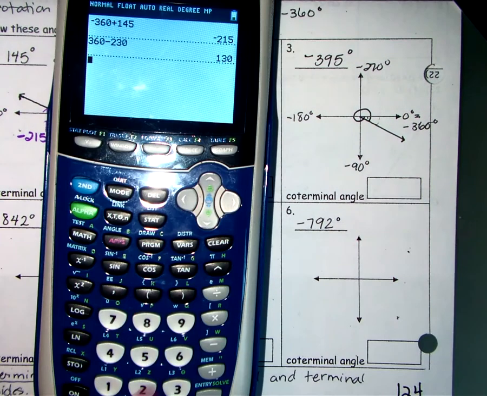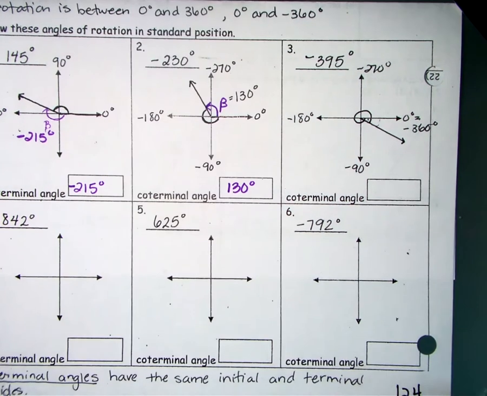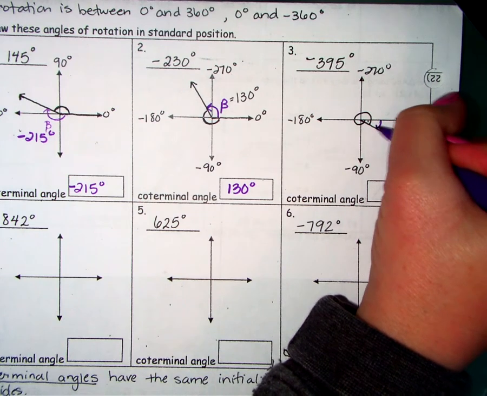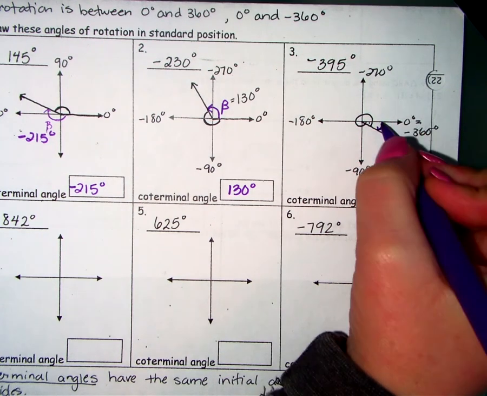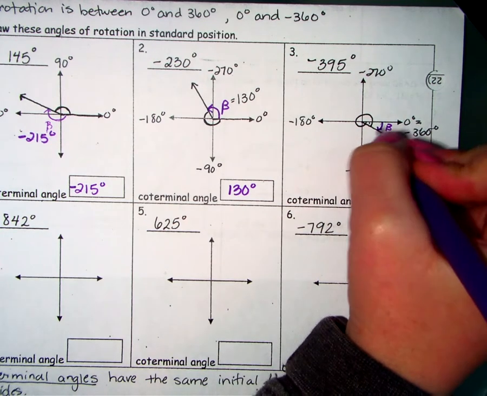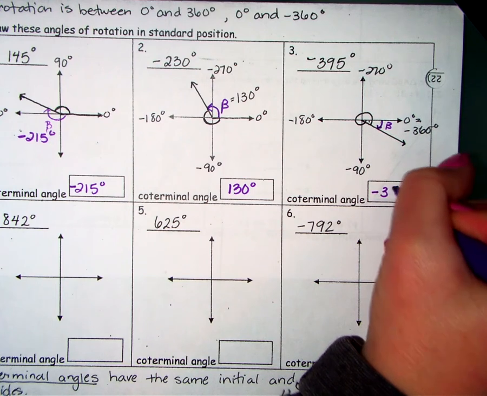If I take 395 and subtract off the 360, this little tiny angle, instead of going around in a circle and then going farther, what if I just went straight there? Well, this little angle beta would just be, in a negative direction, 35 degrees.